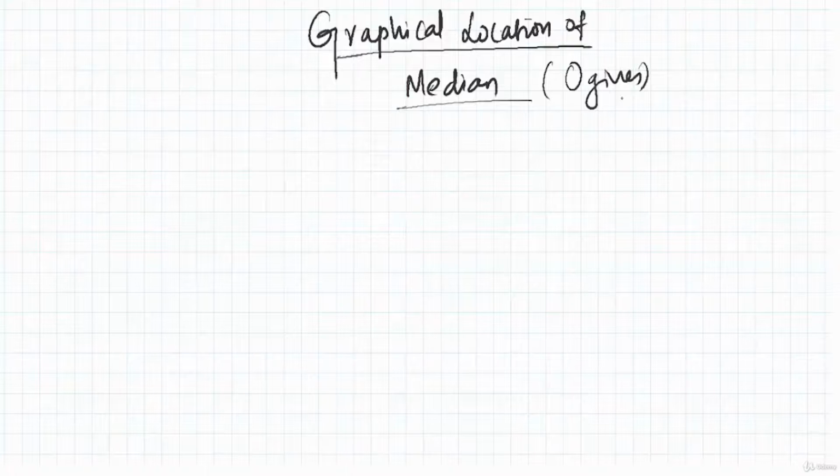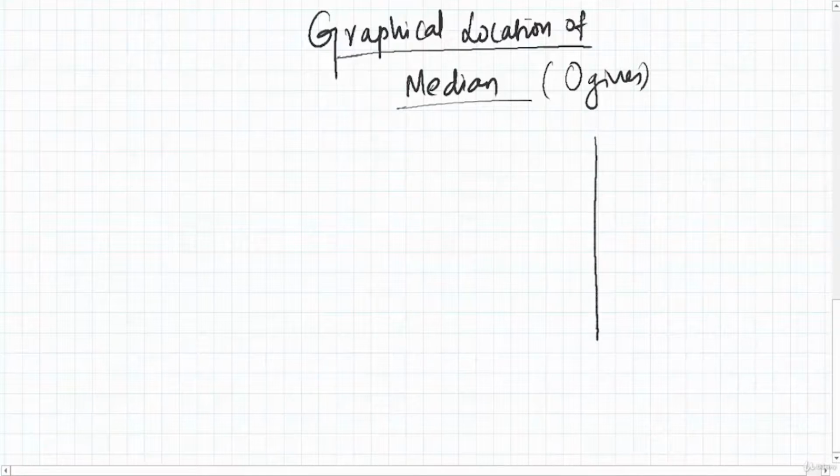If it is too technical, don't get worried. It is a very simple concept. Here the concept says that the median is actually the point of intersection, and it is the value on the x-axis.